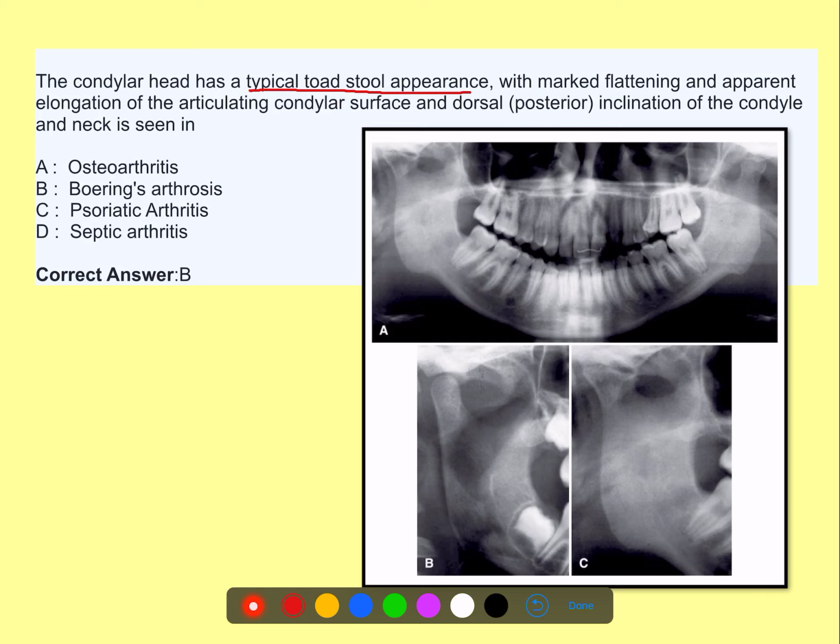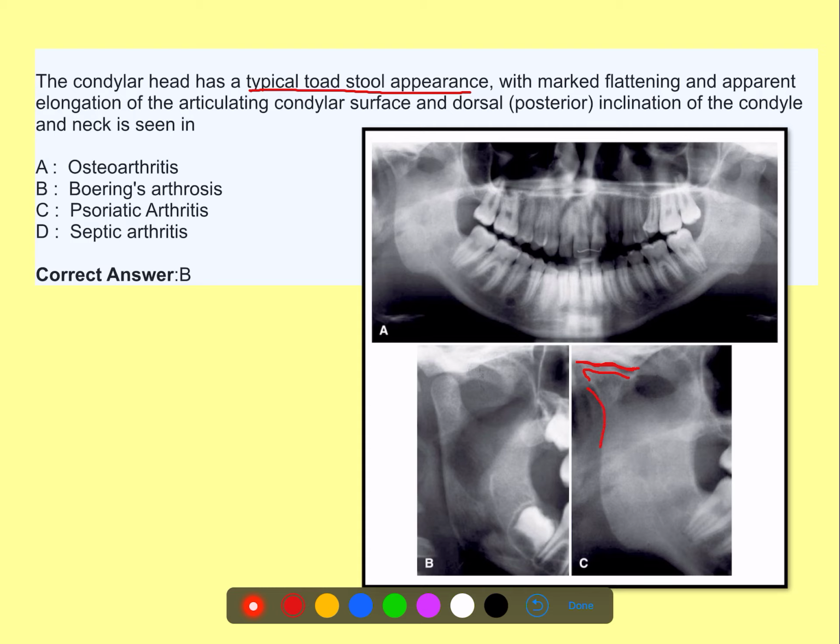You can see in the picture, this is a toadstool appearance with flattening and elongation of the articulating surface, and also there is a posterior inclination of the condyle.